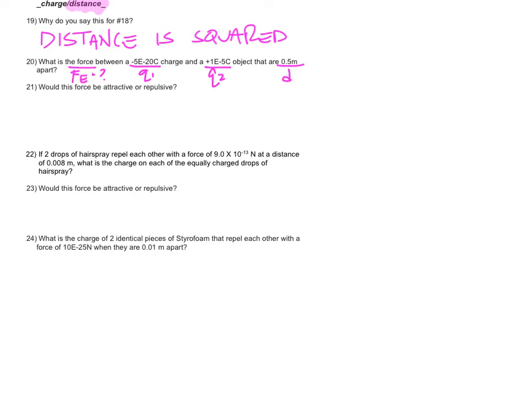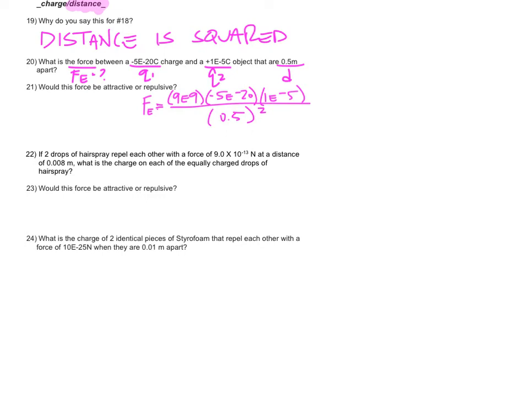Okay, so using my equation, I'm going to start substituting. Electrostatic force is equal to Coulomb's constant, which is 9 times 10 to the 9th, times Q1, which is a negative 5 times 10 to the negative 20, times 1 times 10 to the negative 5, all divided by 0.5 squared.